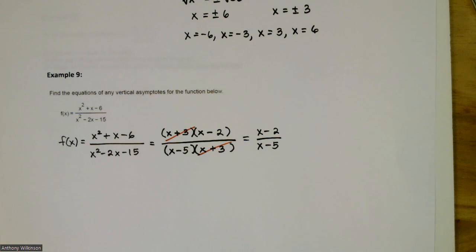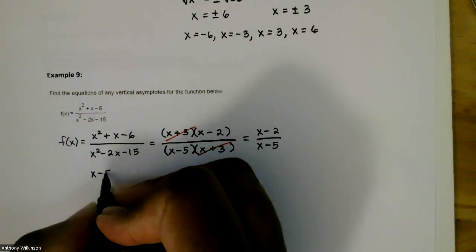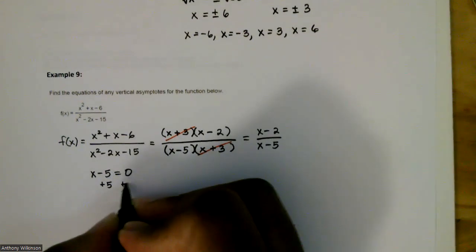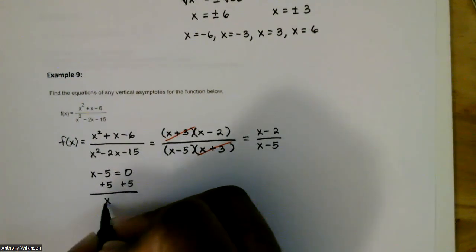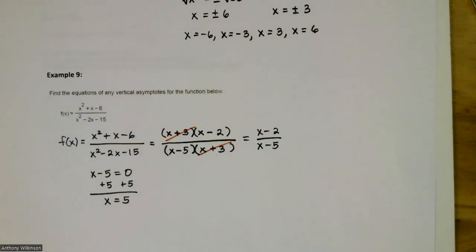Okay, that's after dividing out your common factors. Now from this, we can identify our vertical asymptote by taking that x minus 5, setting it equal to 0, add 5 to both sides, you get x is equal to 5. So your vertical asymptote will be the equation x is equal to 5.